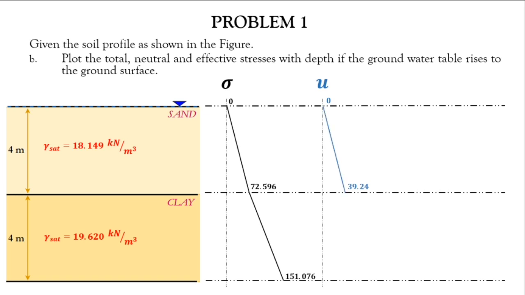So, meron tayong value of 39.24. And last, pwede mo namang gamitin dito sa ilalim, sa clay naman natin. Pwedeng ang gawin mo is 9.81 times the total height from this point up to the groundwater table. That is 8 meters. Parehas lang yun. Kung idadagdag mo yung 39.24 sa pore water pressure ng clay layer lang, parehas lang yun.